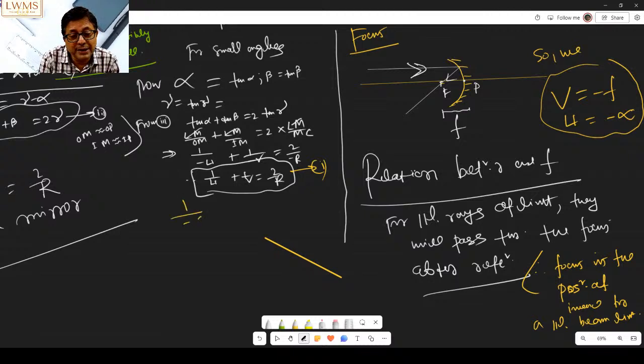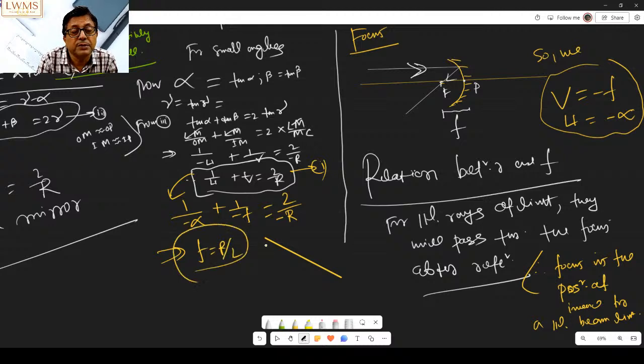So 1 by minus infinity using this only, plus 1 by minus F is 2 by R. R is also negative. This implies F equal to R by 2. So in place of R by 2, we can replace F.